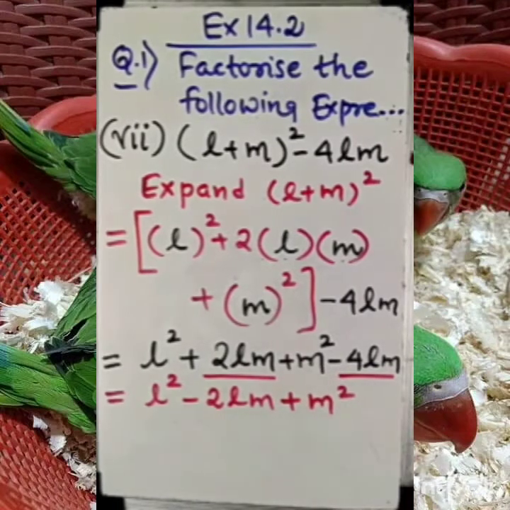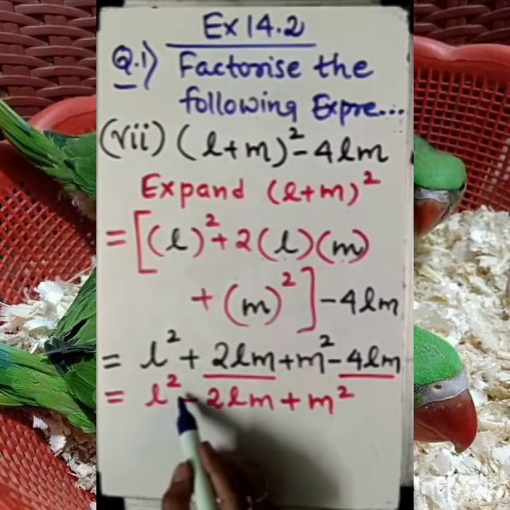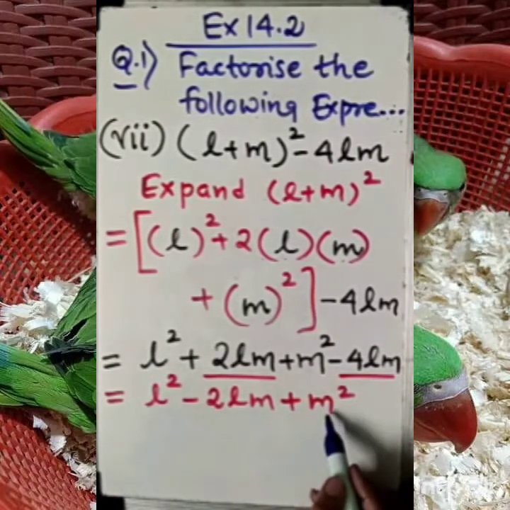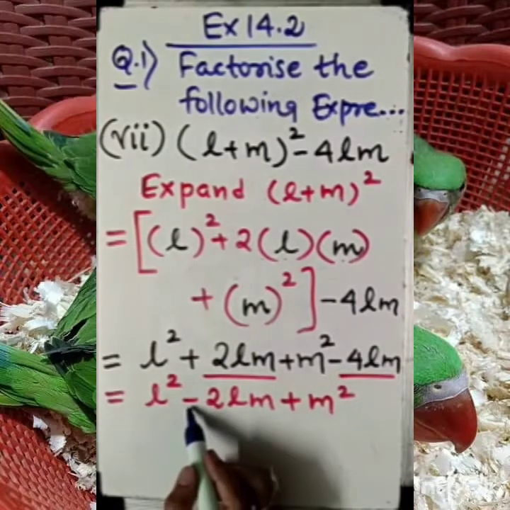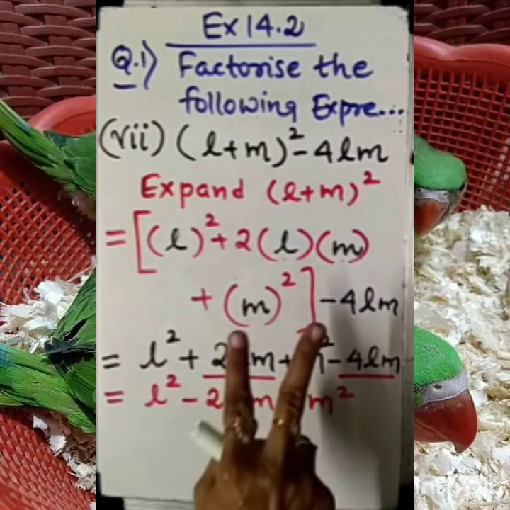Right? Now again we need to apply our keen observation here and try to find: the first term is a perfect square of l, yes. The last term is a perfect square of m, yes. Here it is a minus sign. So which identity do we need to apply? We need to apply the second identity.